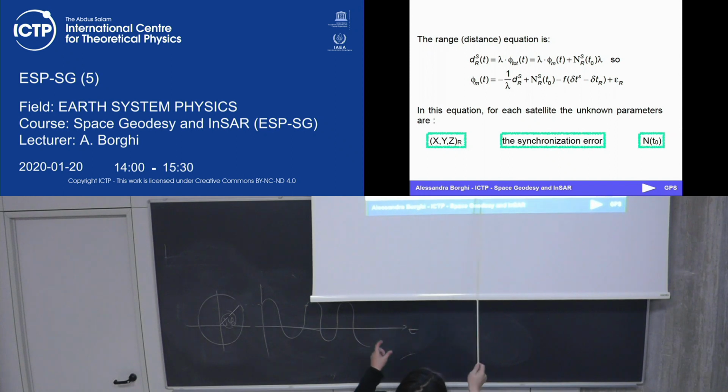In this equation we have these observations, the errors, the distance with the geometric unknowns, the synchronization error, and the ambiguity. This term means that we have other errors that we are going to see.